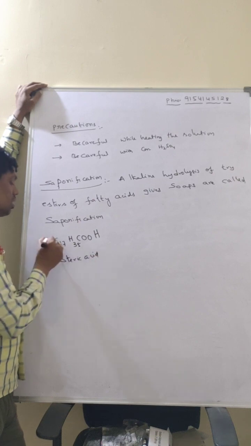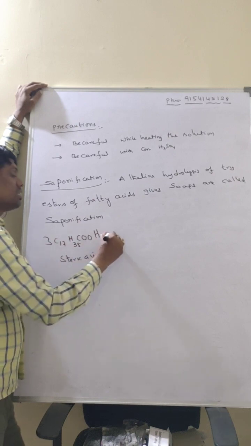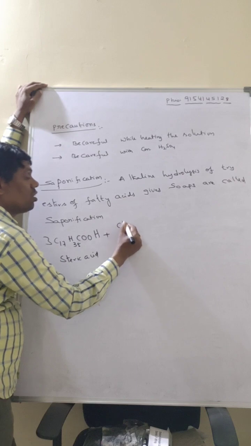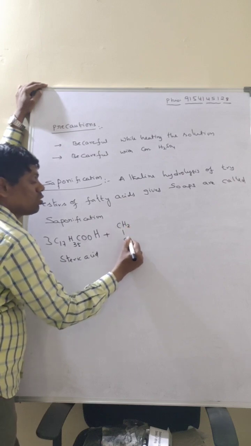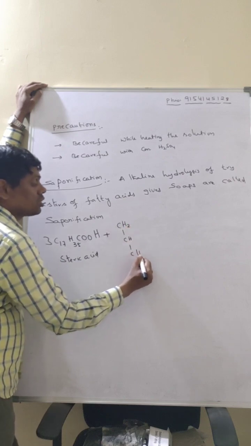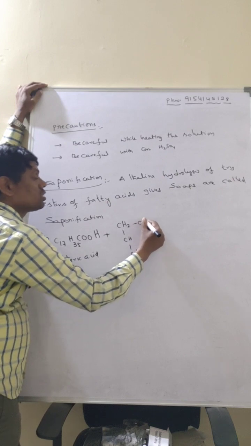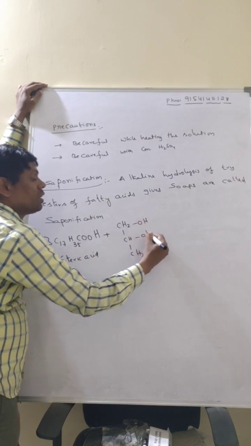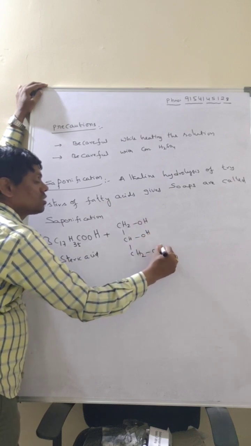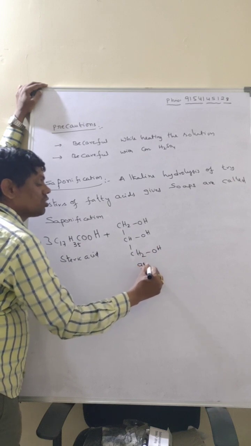3 moles of stearic acid react with glycerol, CH2-CH-CH2 with OH OH OH. This is called glycerol.